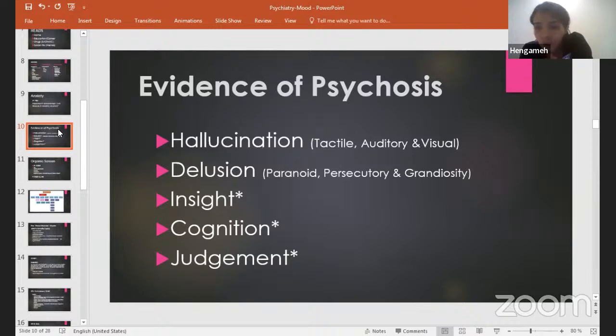There's no right or wrong. The way I like to ask patients is, do you think you'll benefit from therapy? Or do you think someone like a psychologist will be able to help you?